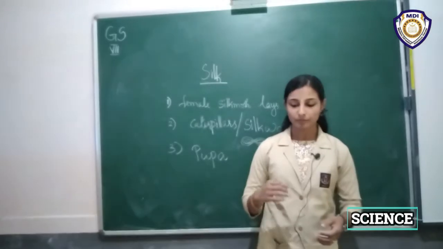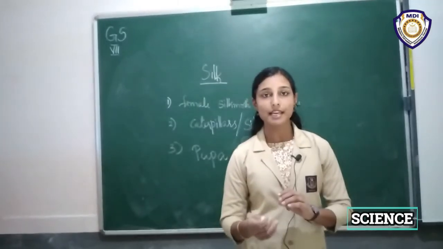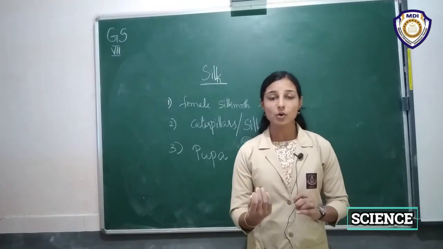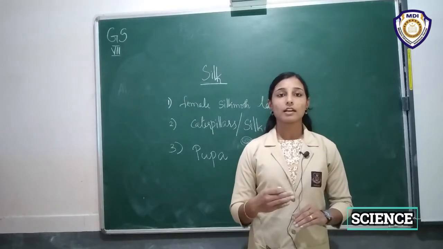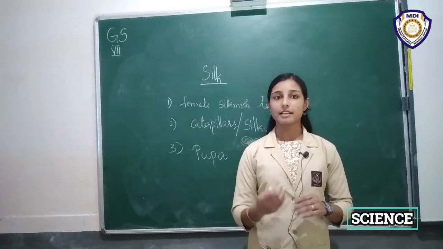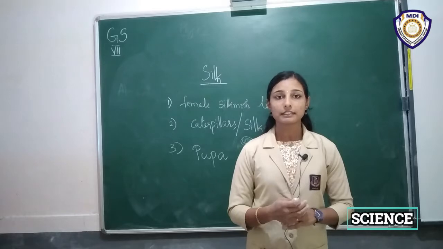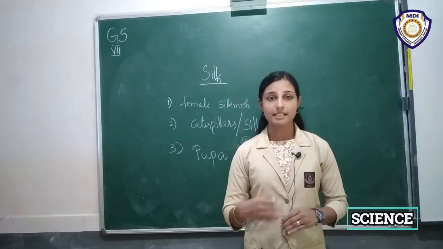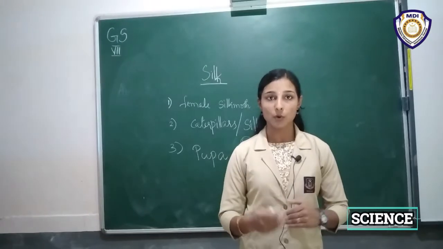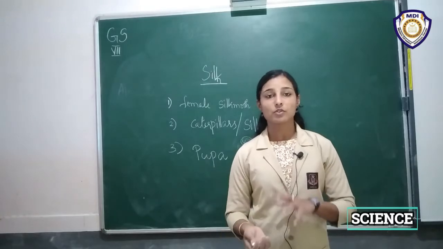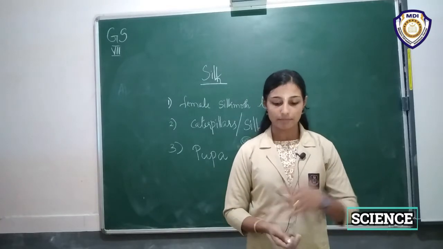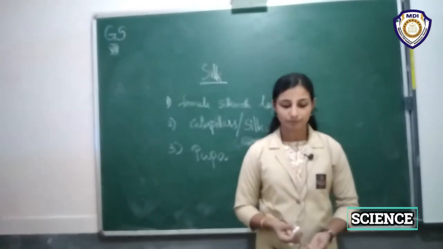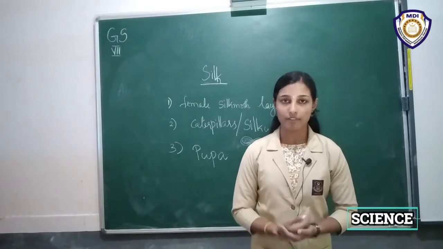So before going to the pupa stage, what do the caterpillars do? They make silk fibers: they secrete a fiber made up of protein, and when it is exposed to air, it hardens and becomes silk fiber.